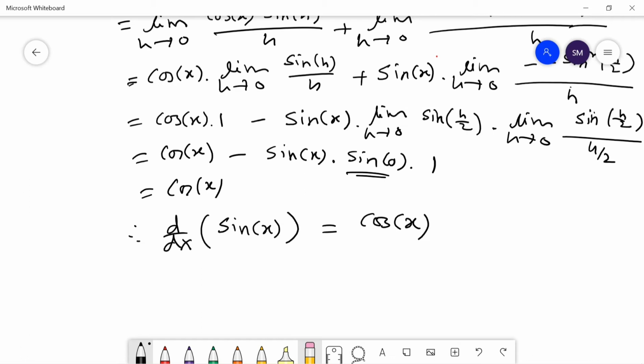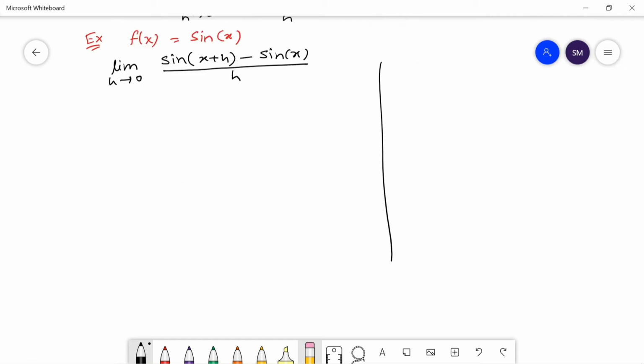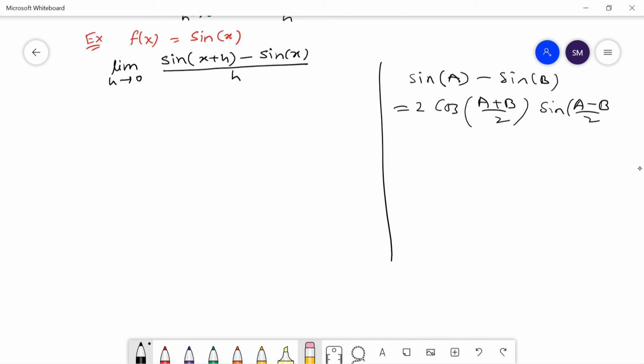cosine x. We'll discuss now method 2, where we'll use this formula: sin a minus sin b is given by 2 cosine of a plus b over 2 and sin of a minus b over 2.